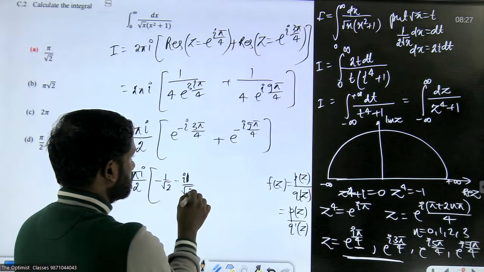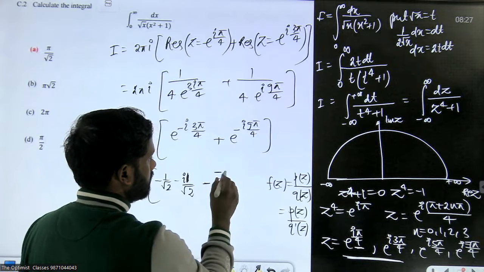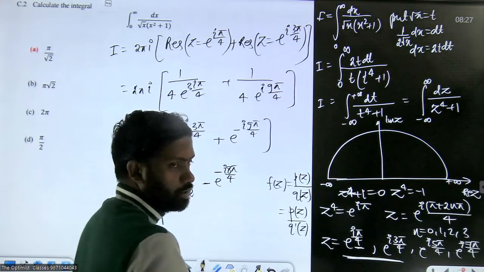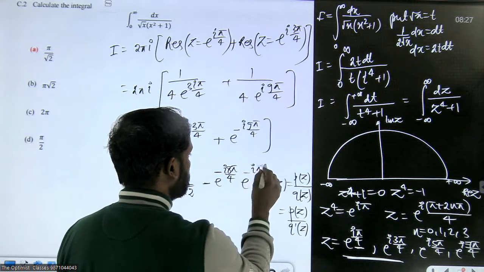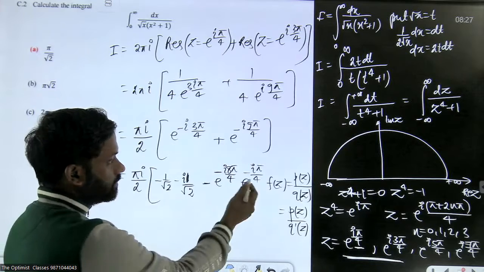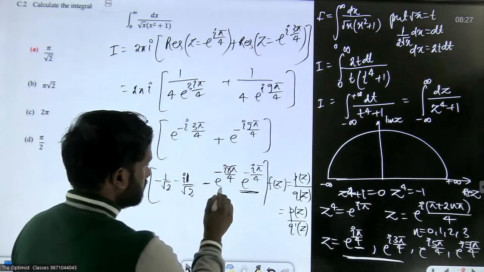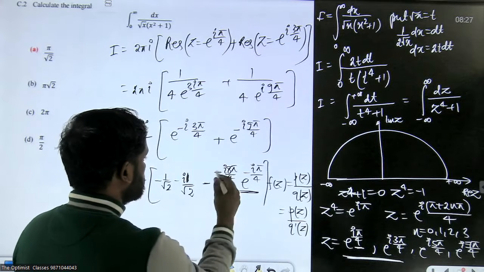This you can simplify as e to the power minus iota 8 pi by 4, and e to the power minus iota pi by 4. So 8 plus 1 becomes 9. This one is in the fourth quadrant, and this becomes 1, because e to the power 2 pi iota is 1.